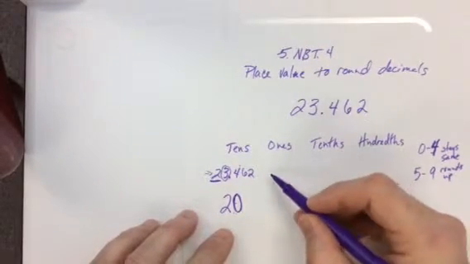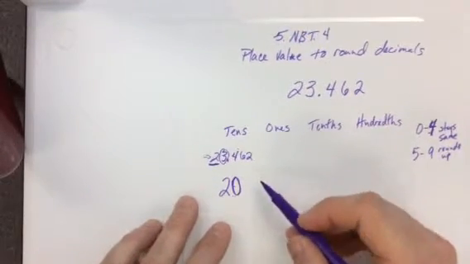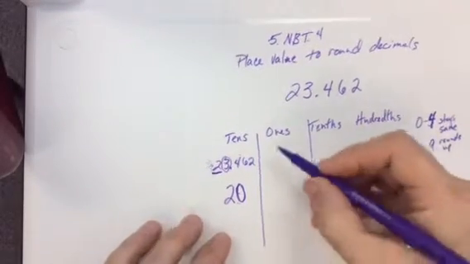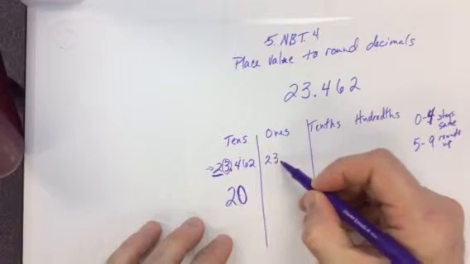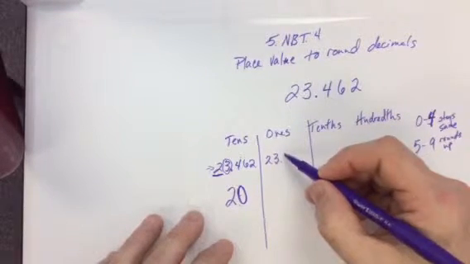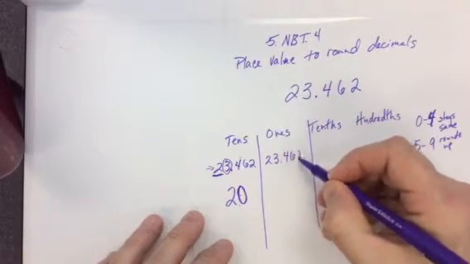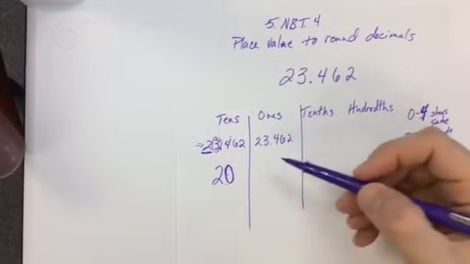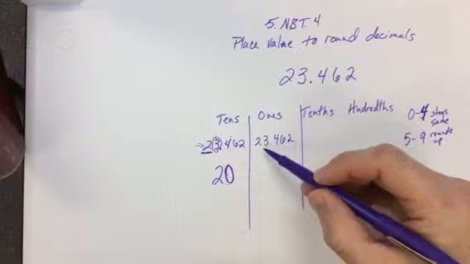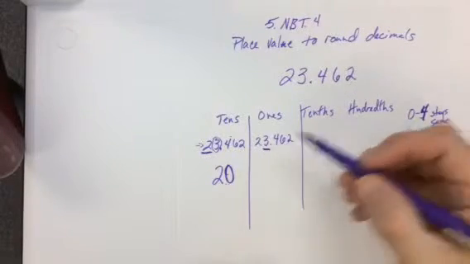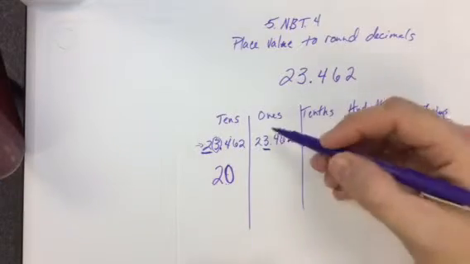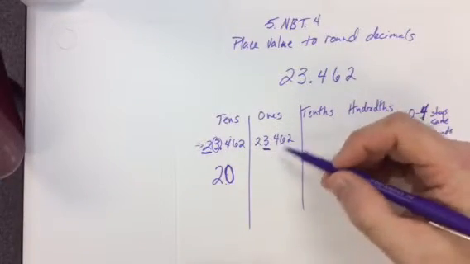So I'm going to write this number again, and this time we're going to look at it in terms of ones. So I have 23 and 462 thousandths. Again, I'm going to start by underlining the place value that I'm supposed to round to. In this case, it would be the ones place, which is a 3. I have 3 ones.